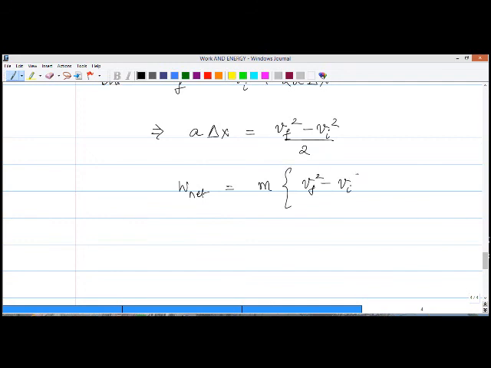And so I can write W net equals 1/2 m Vf squared minus 1/2 m Vi squared.